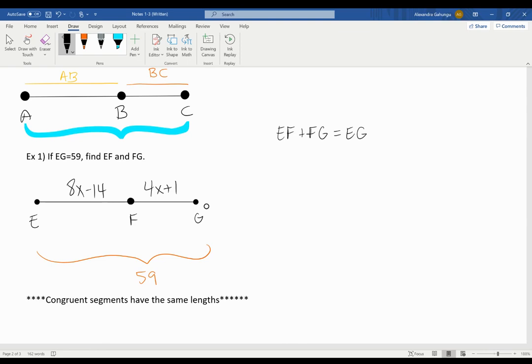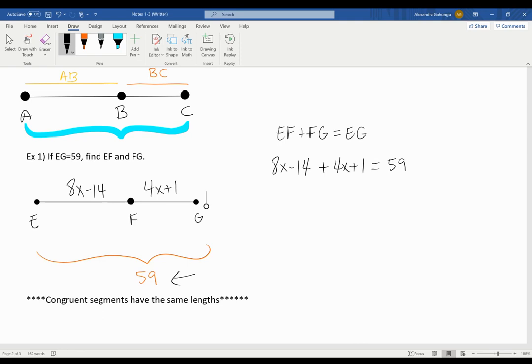Now, we were given the info about EF and FG, this 8x minus 14 and 4x plus 1. So instead of having EF, I'm now going to replace it with 8x minus 14 plus FG, which is now going to be 4x plus 1. And instead of having EG, I'm going to use the 59 that it's also equal to.